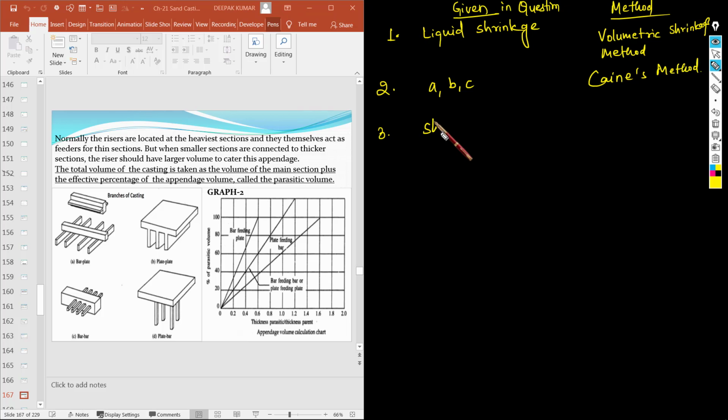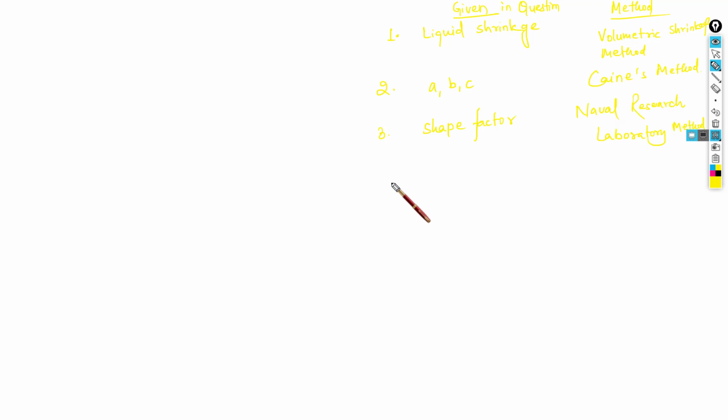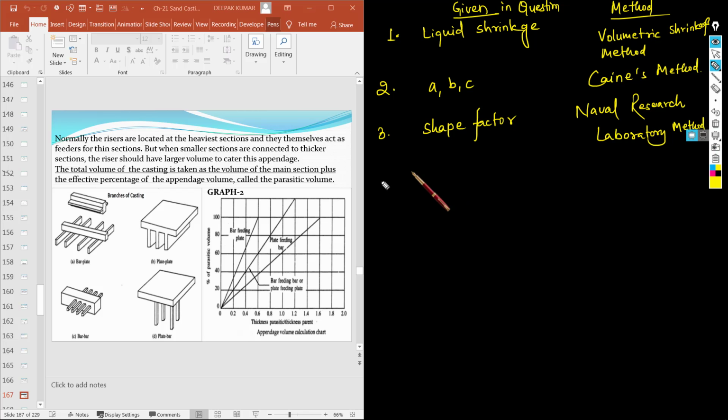If shape factor is given, then you are going to use the naval research laboratory method. And if no information is given about this, then you are going to use the modulus method.